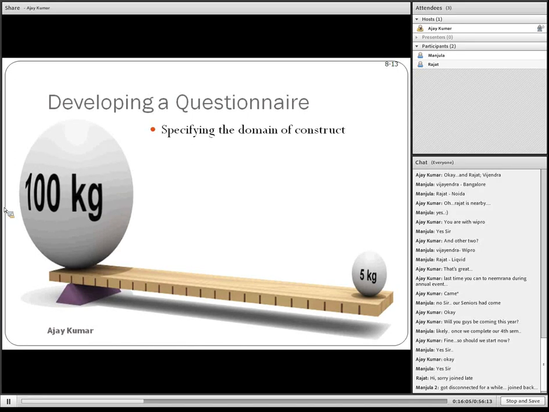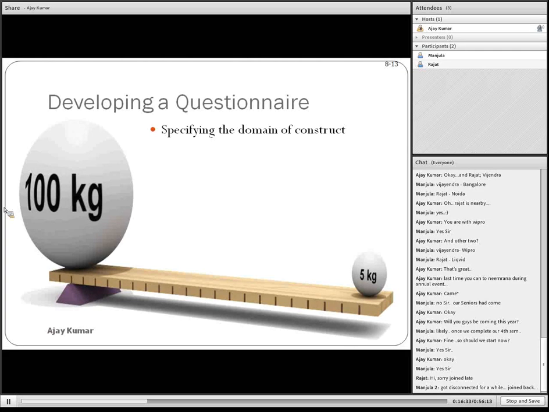Literature defines that there are two things. One is something which is expected by an individual. One is something which he actually gets. So if what he expected equals what he gets, then he is satisfied. If he gets less than what he expected, then he is not satisfied. And if he gets more than what he expected, then he is enthralled. That is how we tend to define satisfaction, which can also be a construct, likewise as we are discussing attitude.